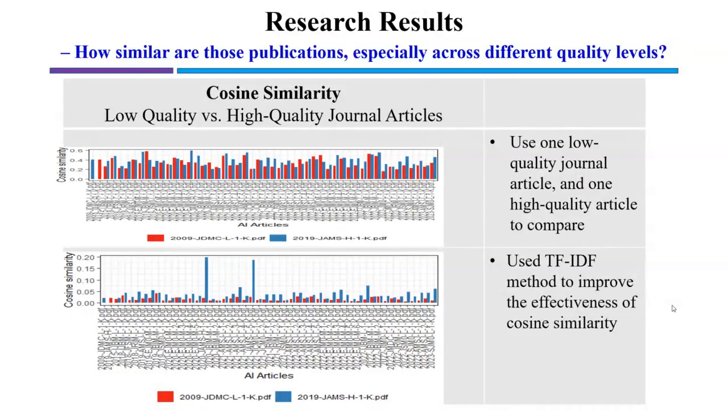So I identified the first low quality journal publication, and then I also identified the first high quality journal. So I use these as good or bad examples, and then all other papers are compared with these two papers.